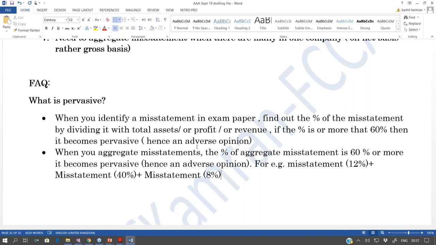Is 8% alone pervasive? No. But when we aggregate the three, 12 plus 40 plus 8 becomes exactly 60%. So has it become pervasive in aggregation?